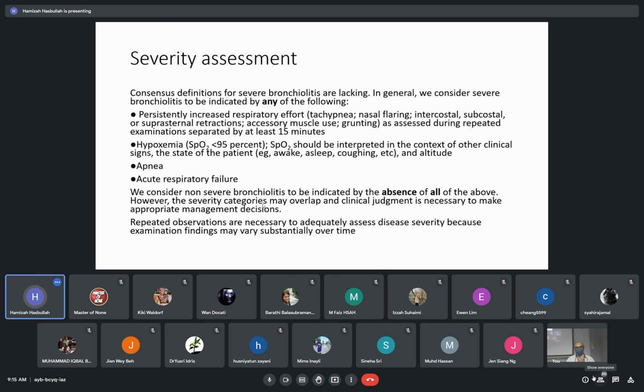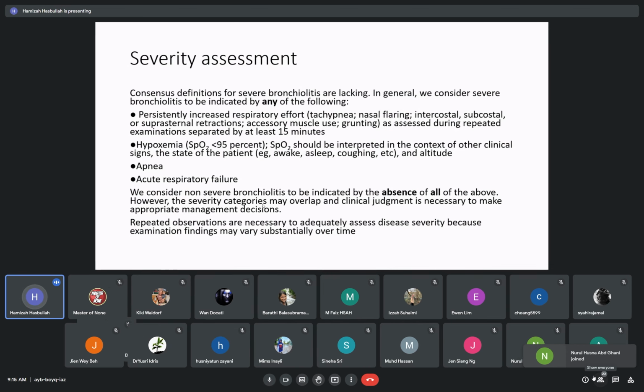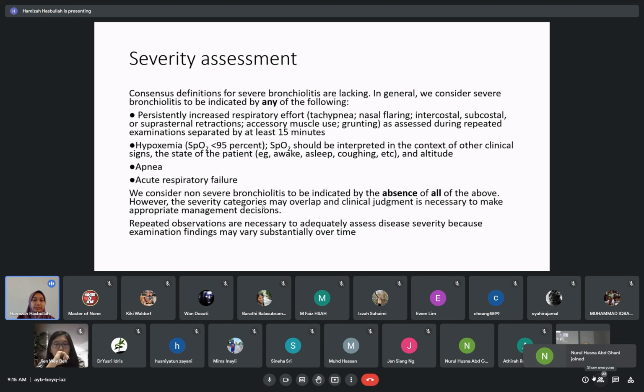Severity assessment. Consensus definition for severe bronchiolitis are lacking. In general, we consider severe bronchiolitis to be indicated by any of the following: persistently increased respiratory effort, which is the tachypnea, ada nasal flaring, intercostal, subcostal, suprasternal recession, using of accessory muscle, ada grunting, and the frequent assess of the patient, at least 5-15 minutes interval.